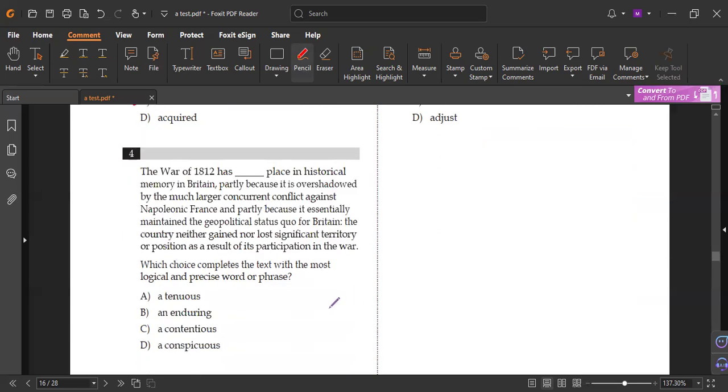Now the last question for you. If you answer it correctly, you will go for fun. If not, we'll continue.